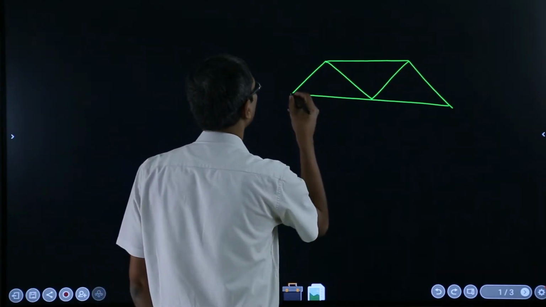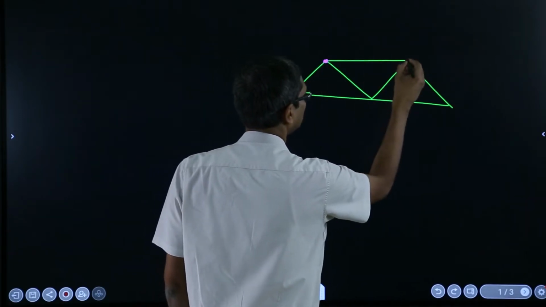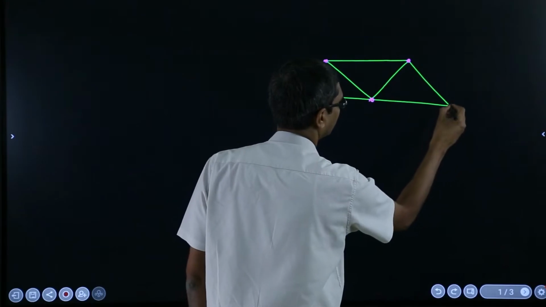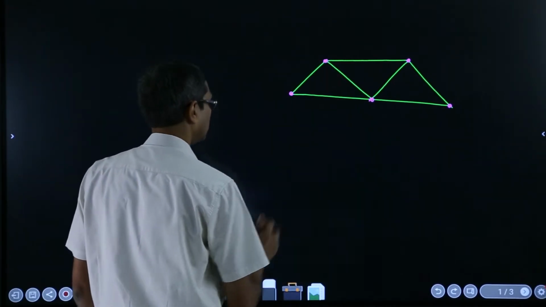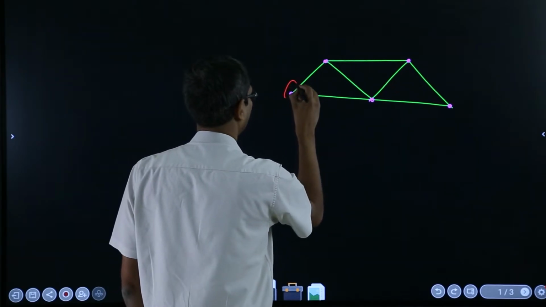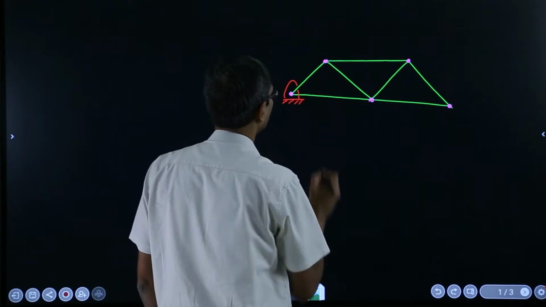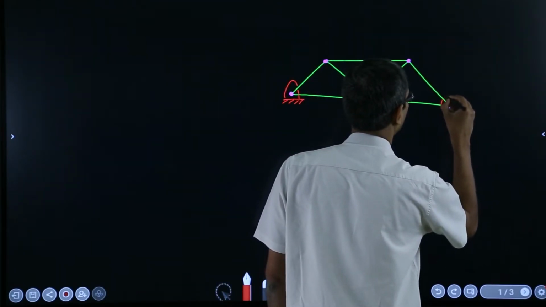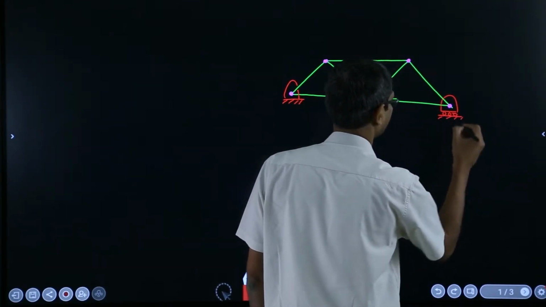Now if I draw the joints, these are pin joints, which are free and frictionless. Then we will include the supports. One is a hinge support or a pin joint, and the other is a roller support, like this.